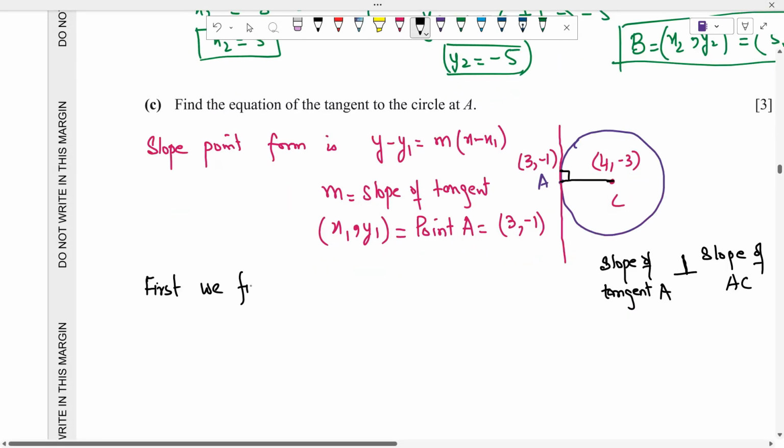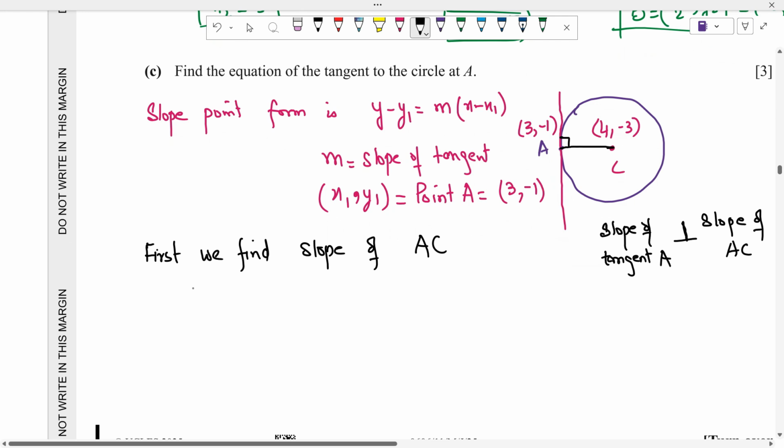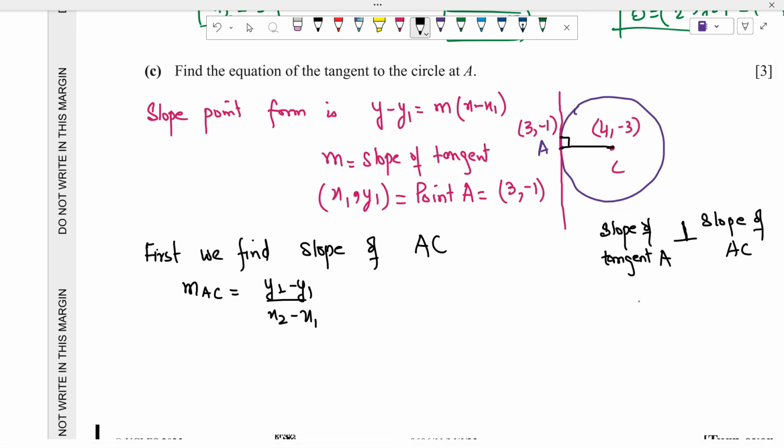First, we find the slope of AC, and we know that the slope of AC is (y2 minus y1) over (x2 minus x1), and in this case A is (x1, y1), which is (3, -1), and the center is (x2, y2), which is (4, -3).